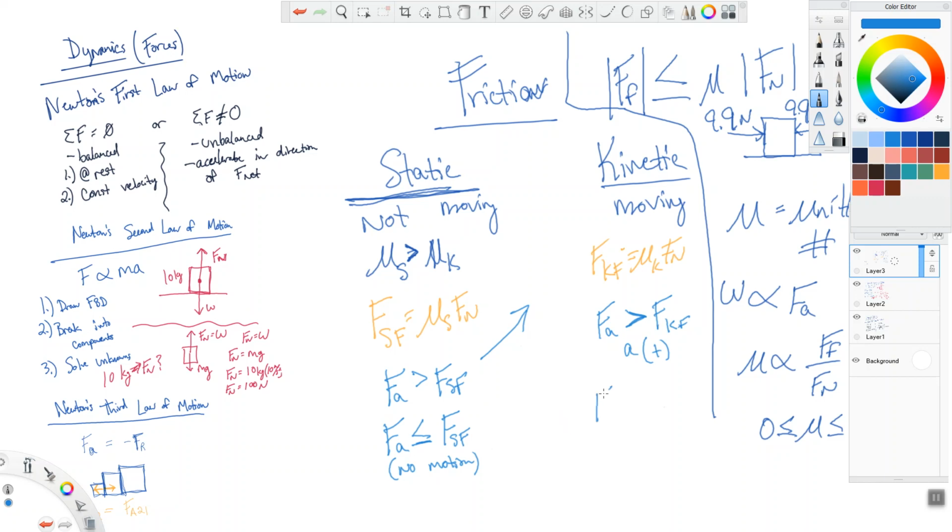If force applied is less than or equal to the force of kinetic friction, oh, did a little boo-boo there again. If force applied is less than kinetic friction, your object is often going to slow down, so acceleration is usually denoted as negative here. If force applied is equal to kinetic friction, then your object is going to hit a constant velocity.